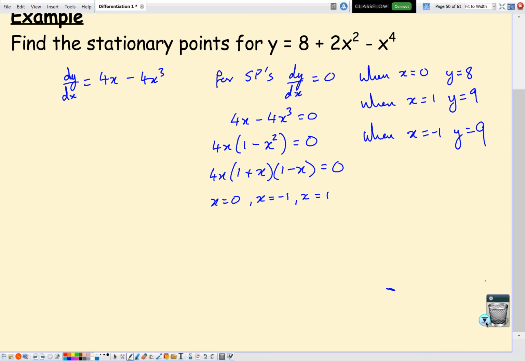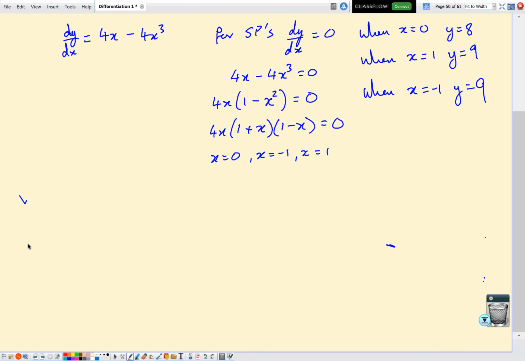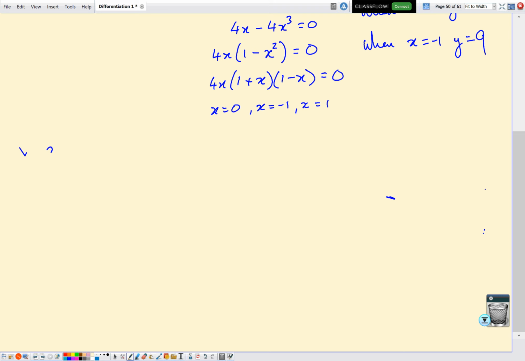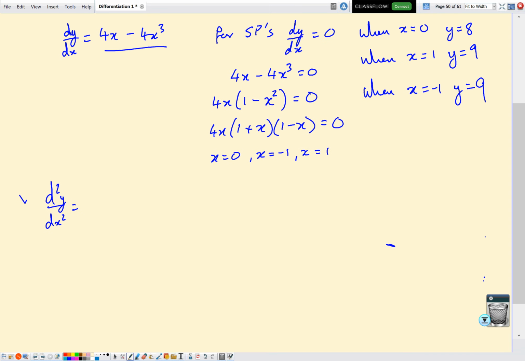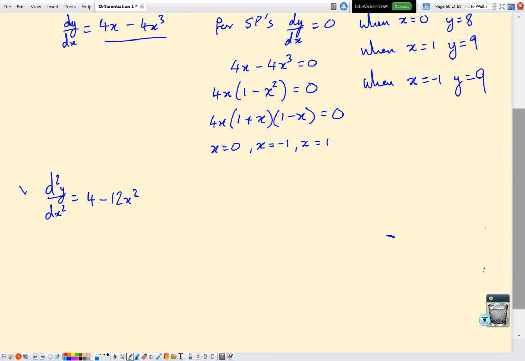So for nature, we use the second derivative, right? So d2y by dx squared is the derivative of this. So 4 take away 12x squared. Now all we need to do is sub in the three values of x that we have, 0, negative 1 and 1, and evaluate the second derivative.